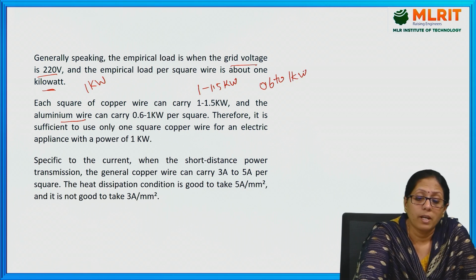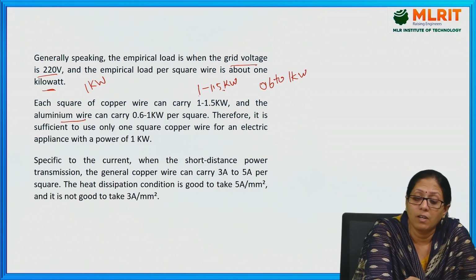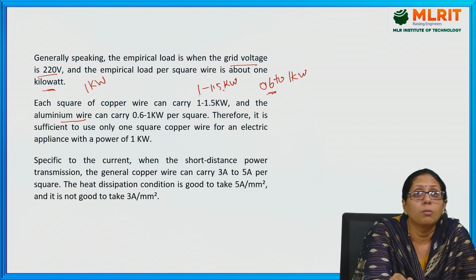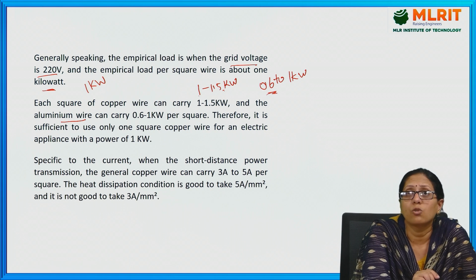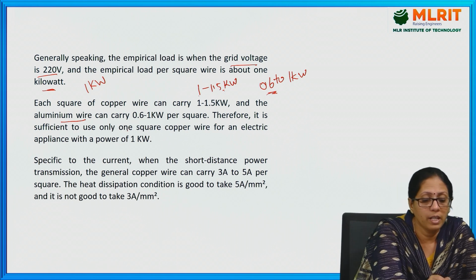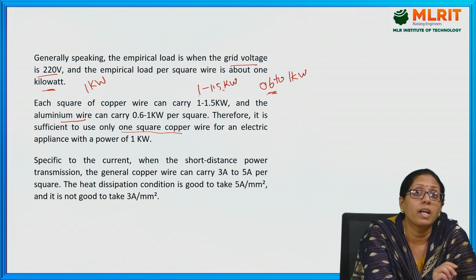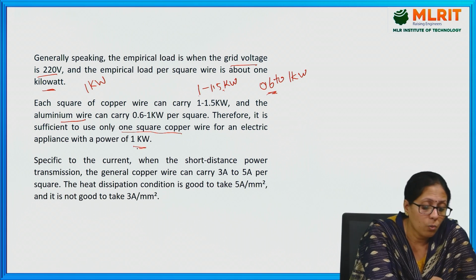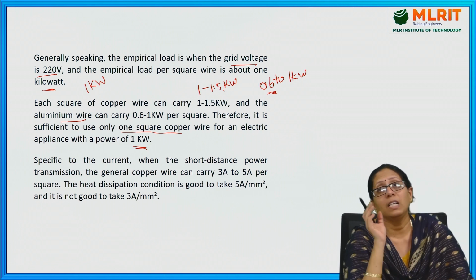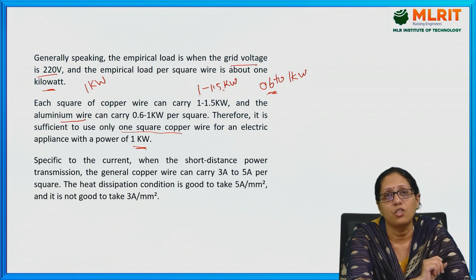Therefore, it is sufficient to use one square copper wire for an electrical appliance with a power of 1 kilowatt.